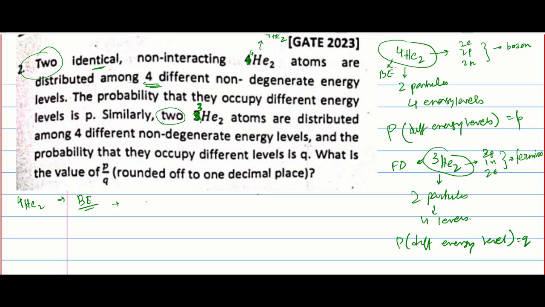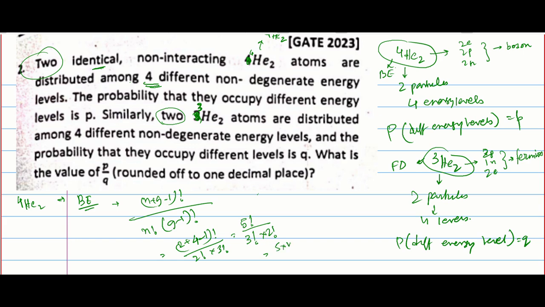So the number of ways is (n plus g minus 1) factorial over n factorial into (g minus 1) factorial, which means n is 2 plus g is 4 minus 1 factorial, over 2 factorial into 3 factorial, right? This is 5 factorial over 3 factorial into 2 factorial.